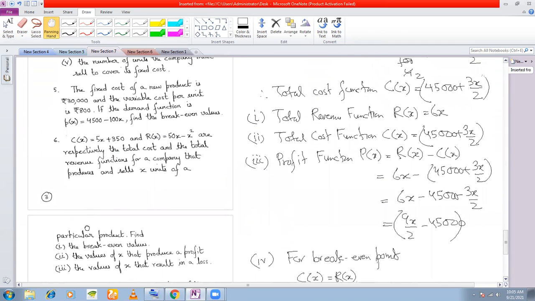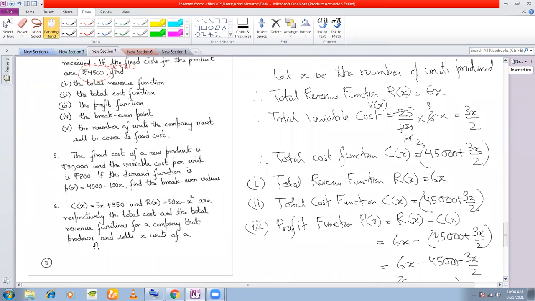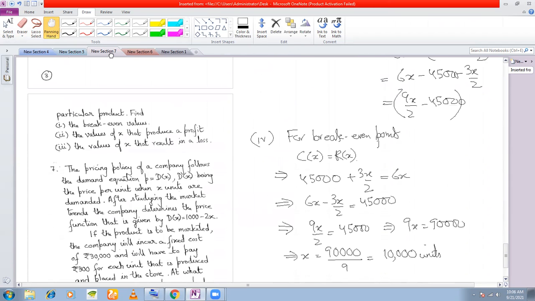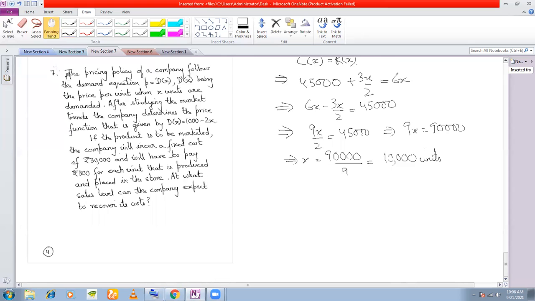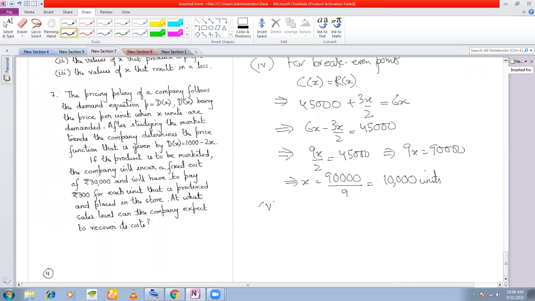Next question is the number of units the company must sell to recover its fixed cost. When can it recover its fixed cost?